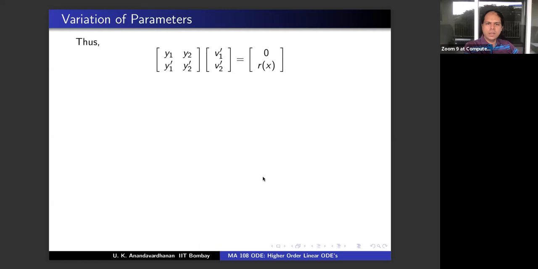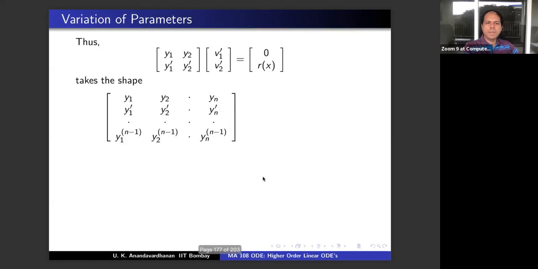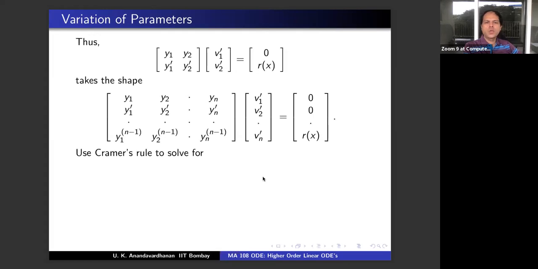You got this earlier, and this takes the shape of the Wronskian times the unknown functions equal to 0, 0, etc., r x, and this you can solve, and you would have got v1 prime equal to something, v2 prime equal to something, etc., vn prime equal to something, and therefore you can get v1, v2, etc., vn by just integrating. No problem, right? There's no difference between 2 and n because v1 prime does not have a v2 in it. So these are all functions of x alone. So by integrating v1 prime you get v1, integrating v2 prime you get v2, etc.